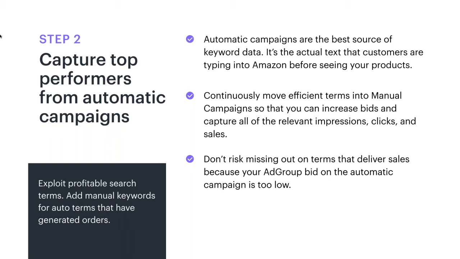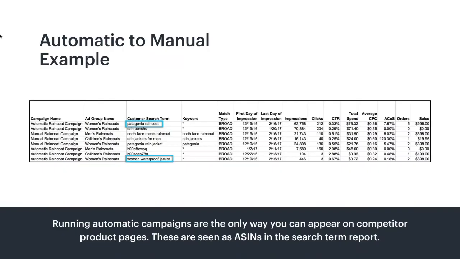And by continuously doing this, you're ensuring that you're not going to miss out on relevant impressions, clicks, and sales. And the advantage, again, that we talked about is that the ad group on the automatic side is limited by your default bid. When you move it over to manual, you have the flexibility to turn those bids up on what's working well for you.